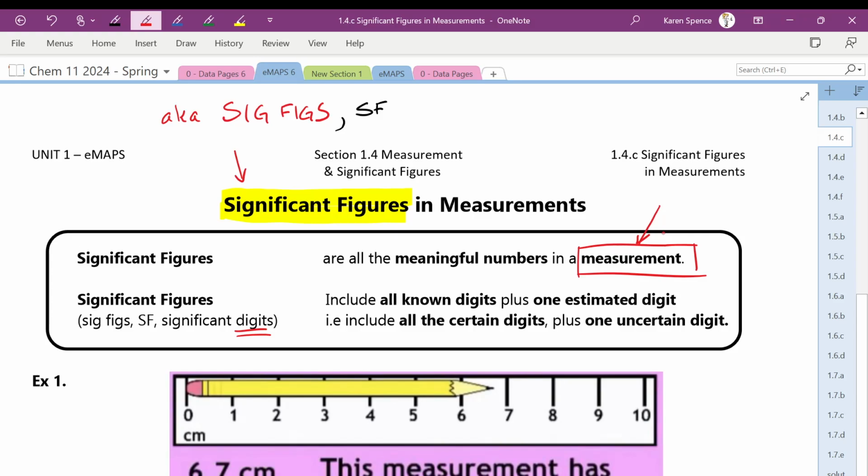Now, is that a guess, or have we just counted them? We've just counted them. So have we made any kind of measurement or estimation? No, we're not estimating, we're not measuring.